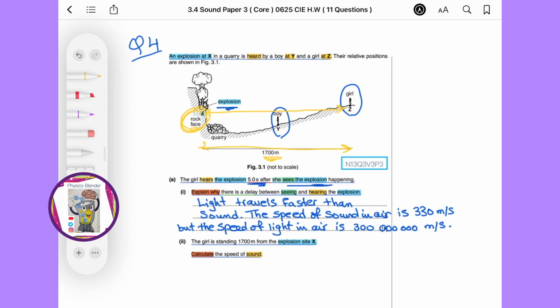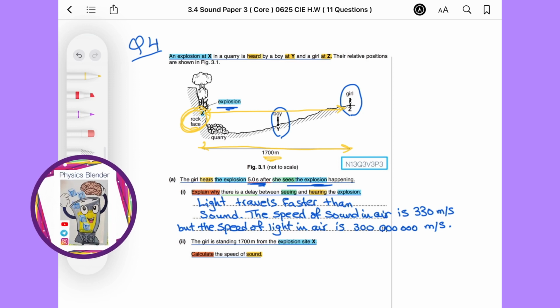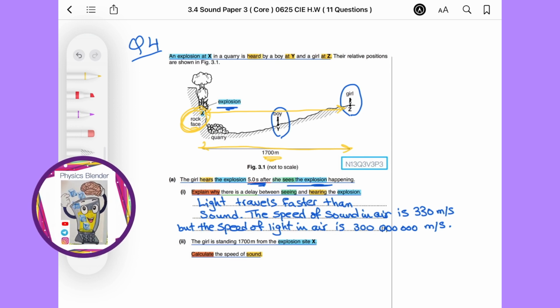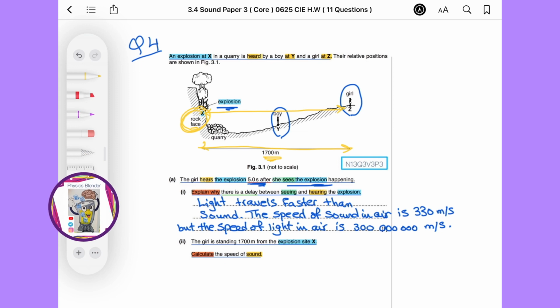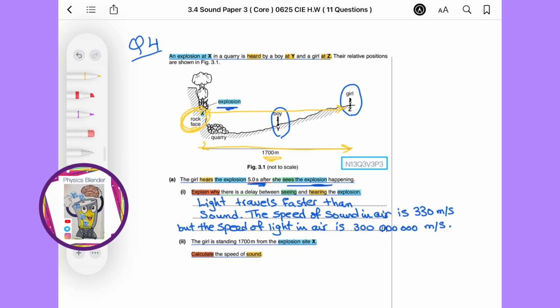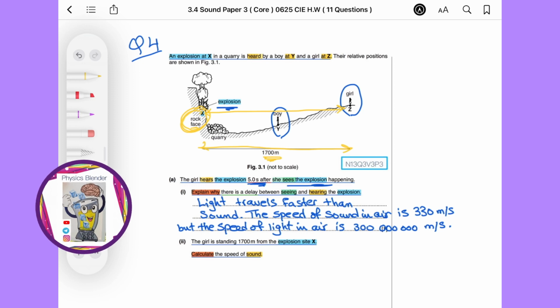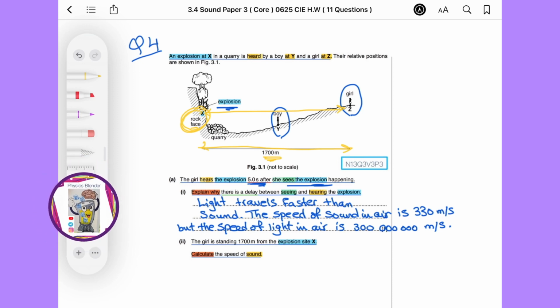This question is somewhat challenging because here we don't have any information about an echo. We just have the sound source, and the girl hears the sound directly from the source. The time taken here is the time for the sound to travel.